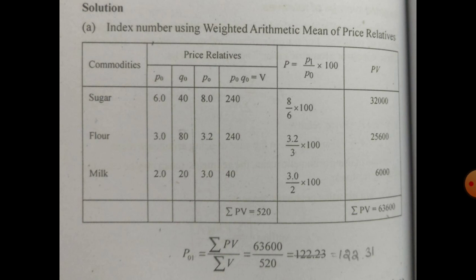Here also you have to change the tabular column: that is summation of V alone, equal to 520. Summation of PV is as it is, 63,600. So P01 is summation of PV divided by summation of V, 63,600 divided by 520. So 122.31 is your final answer.